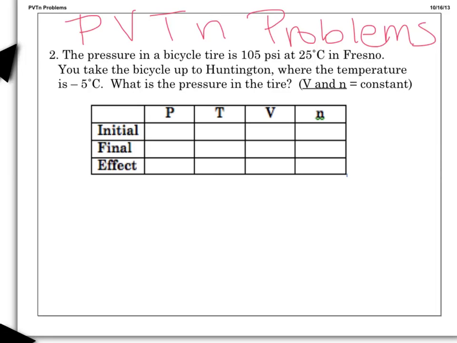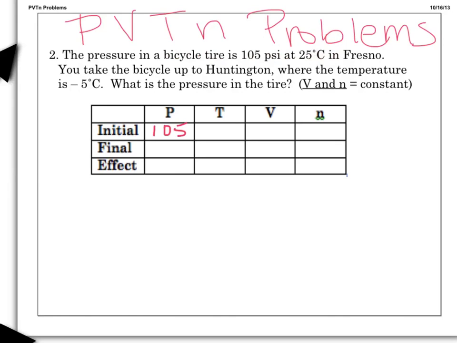Question 2 says that we have a bicycle tire, and this bicycle tire is at 105 psi. So you want to think about what that 105 psi is. That 105 psi is the initial pressure, because we know that psi is the unit for pressure. Then it tells us that it's at 25 degrees Celsius.